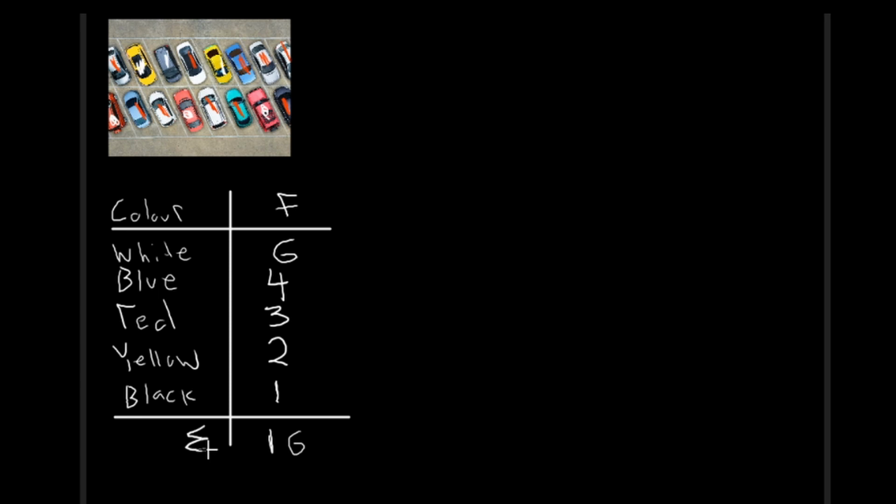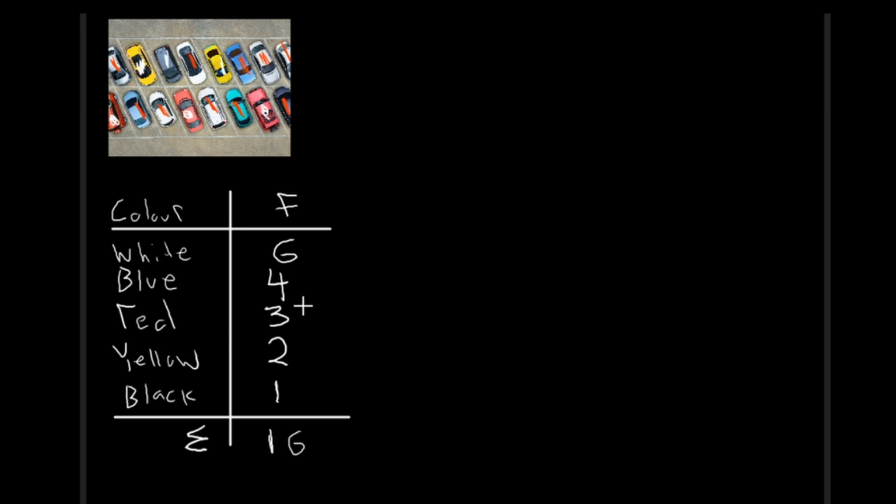That there is the summation of all of our frequencies, and that should be the same as the amount of cars we have up here. 1, 2, 3, 4, 5, 6, 7, 8, 9, 10, 11, 12, 13, 14, 15, 16. Perfect, we didn't miss any. That's what we're checking there, is to see, did we miss anything or did we double count anything?